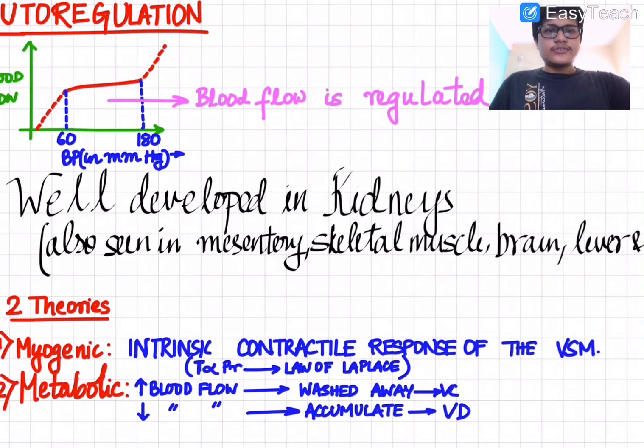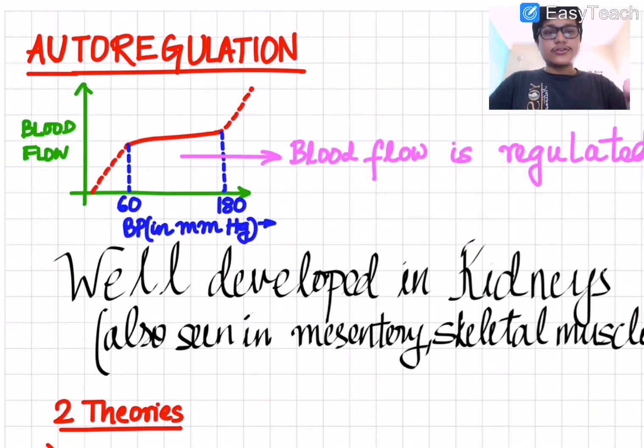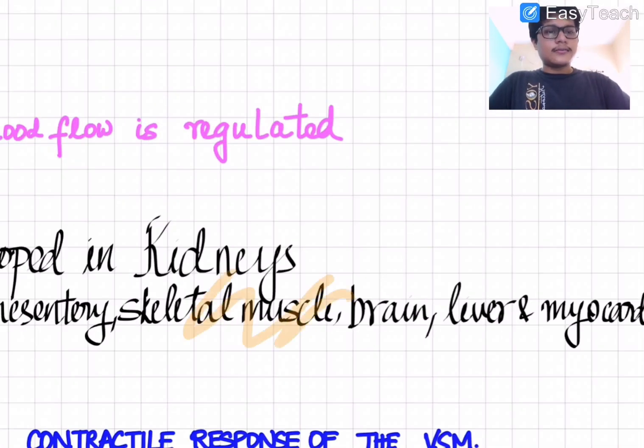One more concept which all of you should be familiar with when it comes to blood pressure is the concept of autoregulation. Now, it is well developed in kidneys and is also seen in the mesentery, skeletal muscles, brain, liver, and myocardium.